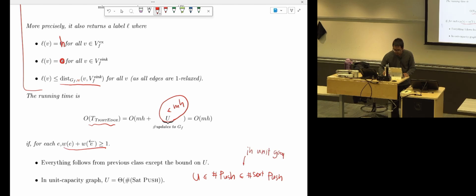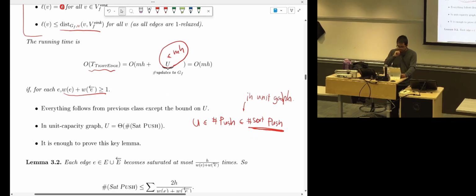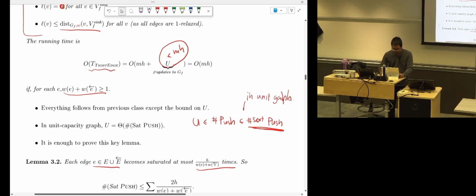But we kind of need to bound the number of saturating pushes. And I claim that every edge will become saturated at most this many times.